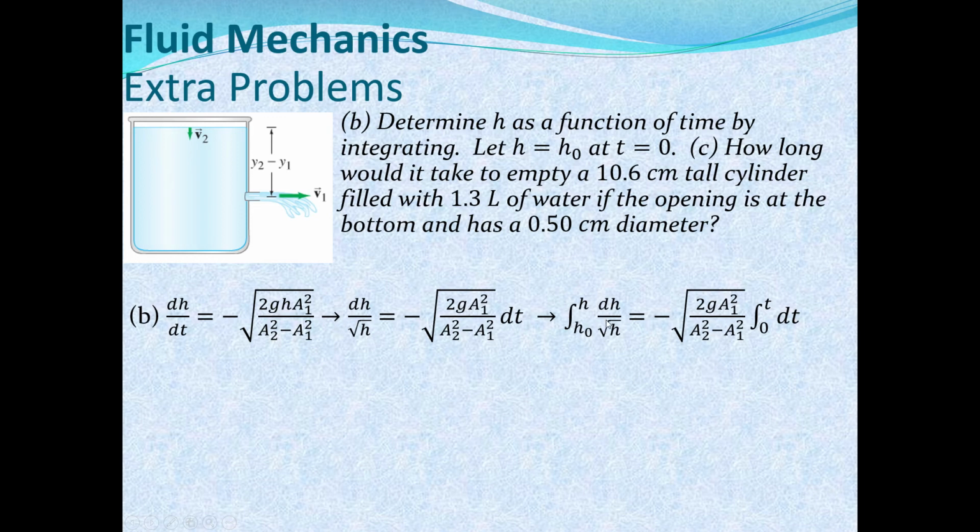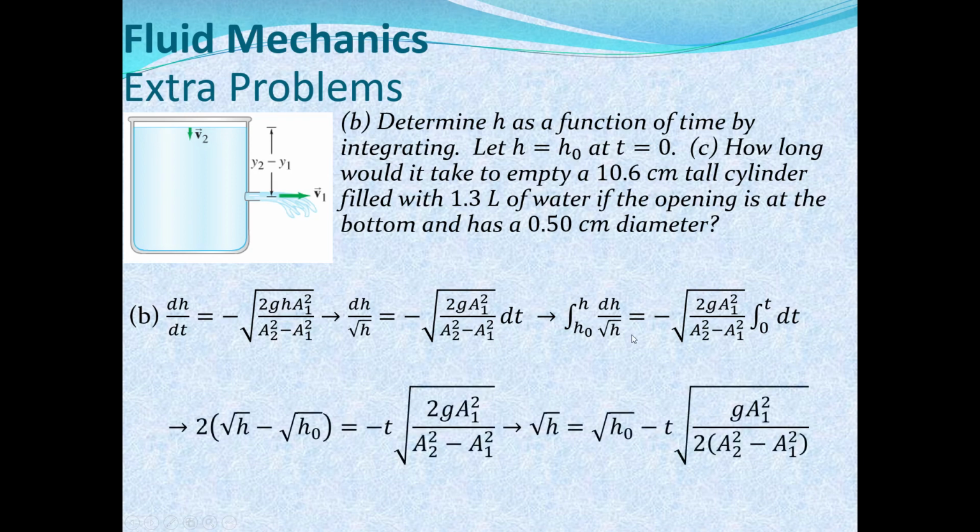Here we're integrating essentially h to the negative 1/2, and this one is just integrating dt. We're going from h0 to h and 0 to t because of what they set up here. Now this has a very easy integration. It ends up just being this, essentially 2 root h.